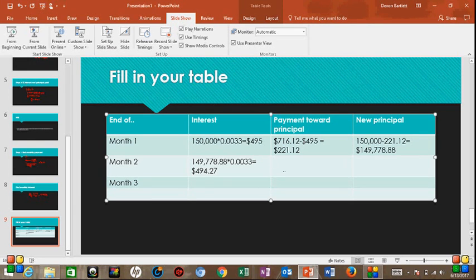So then you would have your $716.12 minus your $494.27, and that would give you a value of $221.85 this time.